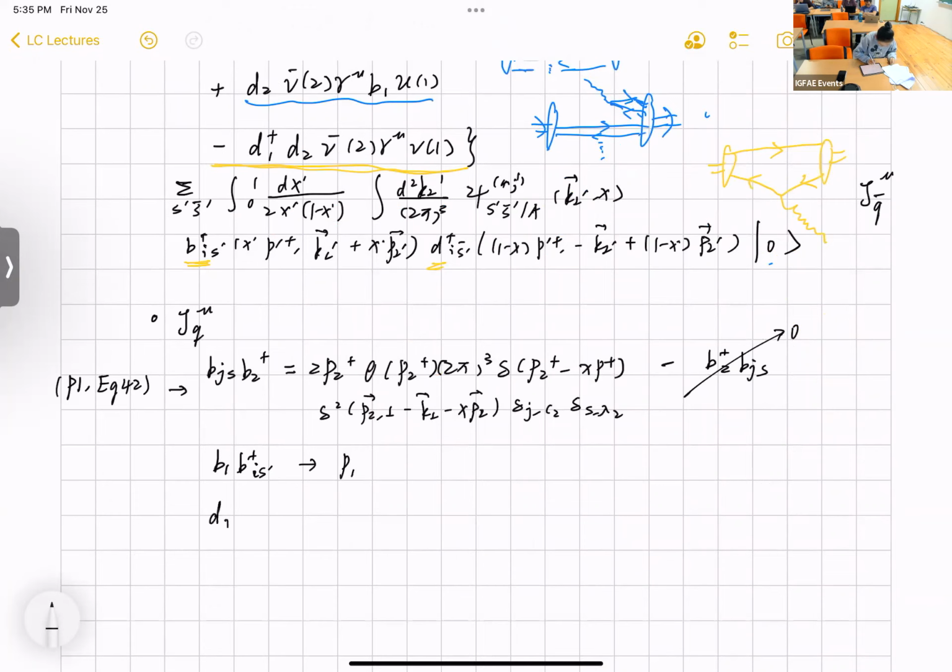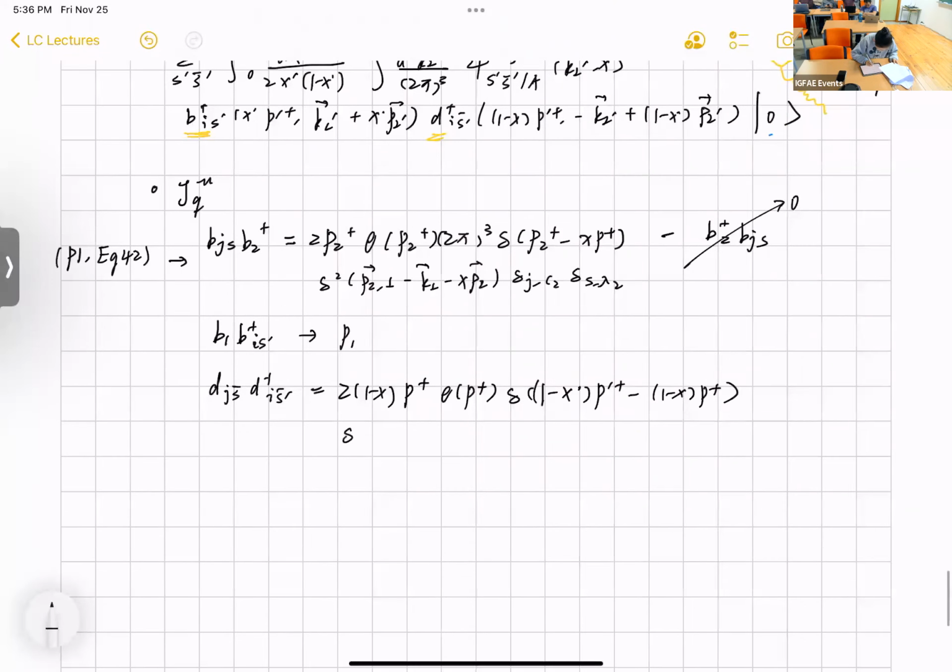And then the spectator of the antiquark would give us something similar.